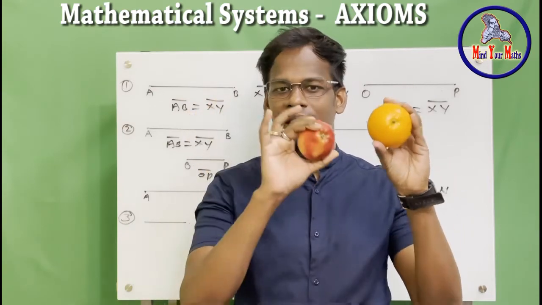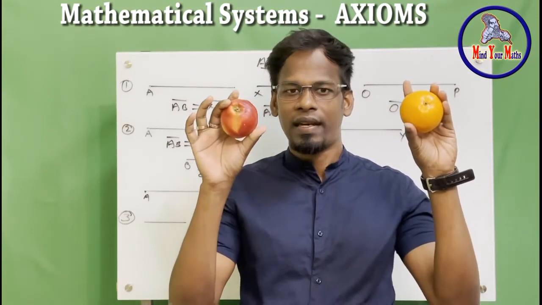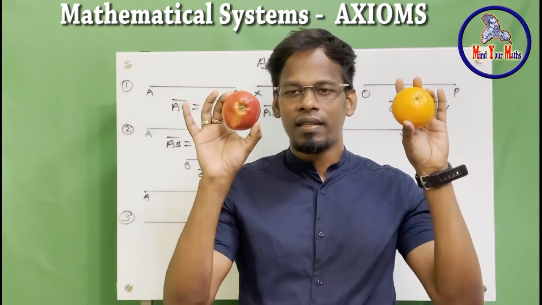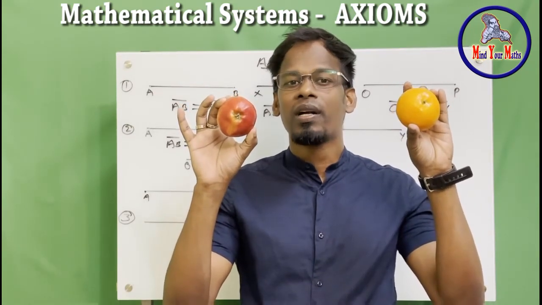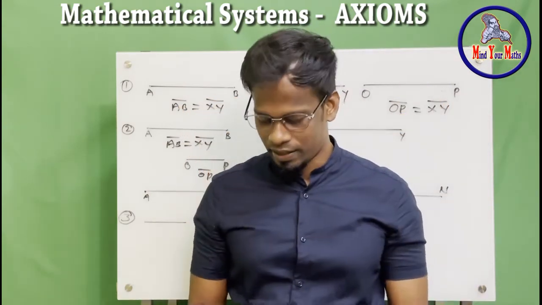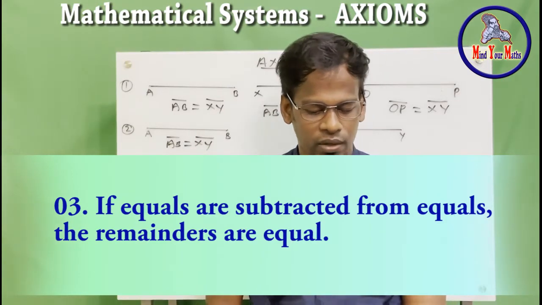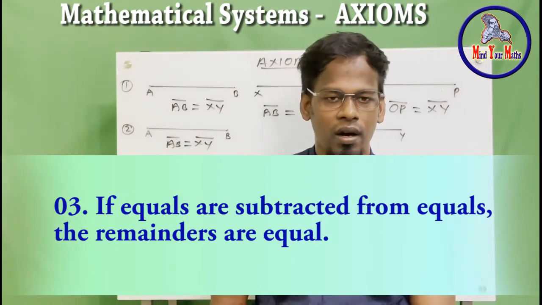Yes, they are same, right? Because the same weight has been reduced from both sides. So the weight of these two will become equal again. So that's what the axiom 3 means. If equals are subtracted from equals, then the remainders are equal.